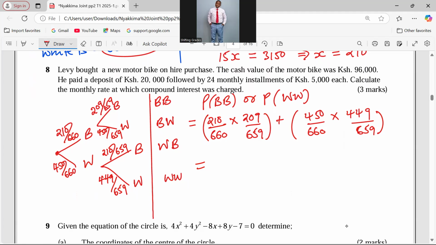We are assuming that I have computed everything right. I'll be having the probability as 4099 out of 7249.